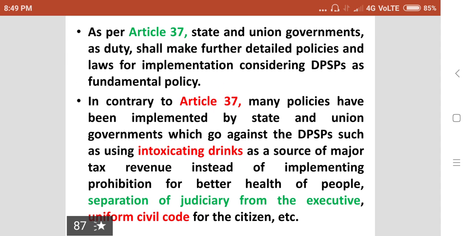As per Article 37, state and union governments shall, as a duty, make further detailed policies and laws for the implementation of the directive principles of state policy, considering them as fundamental policy.